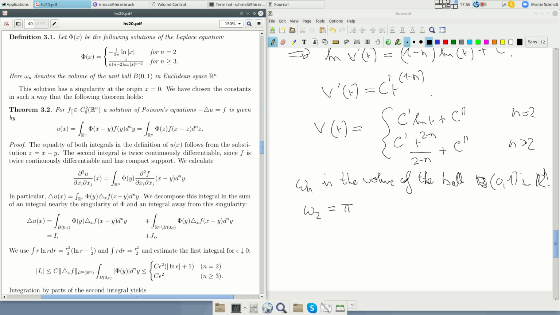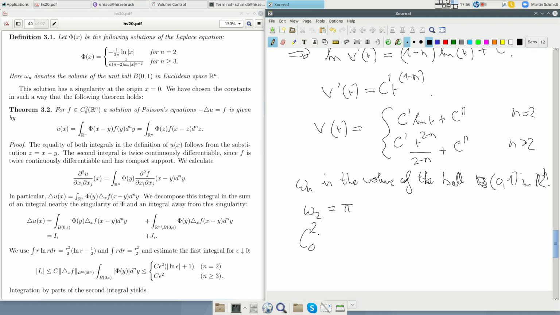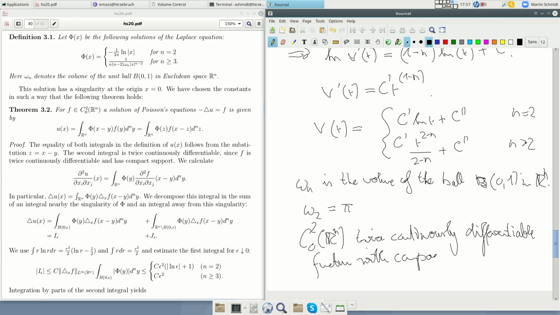So we have a twice continuously differentiable function f with compact support. The 0 here means with compact support: C 0, 2 of Rn, twice continuously differentiable functions with compact support in Rn.